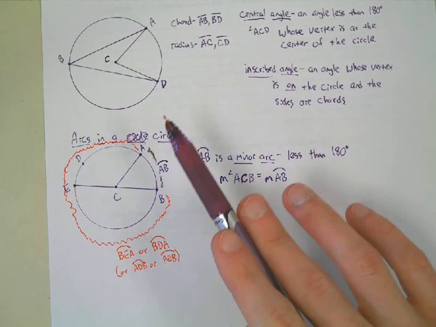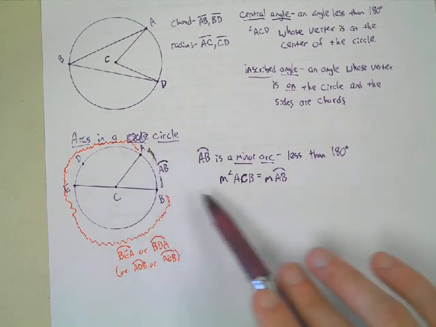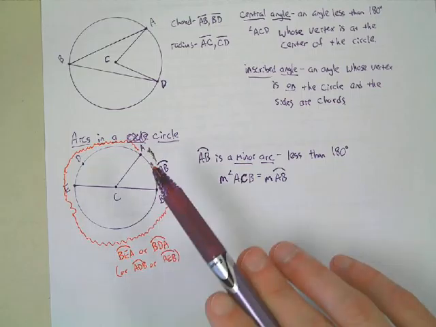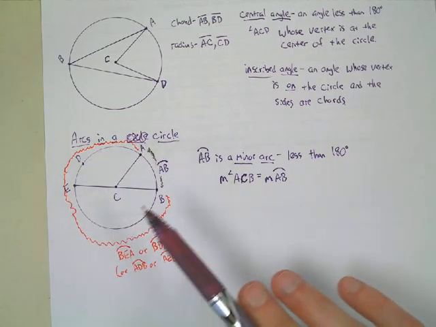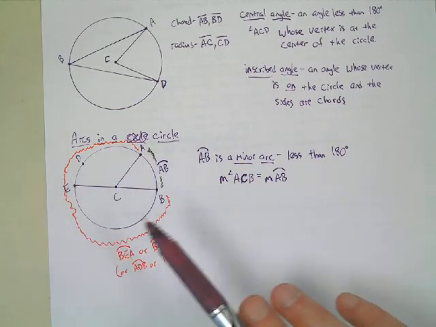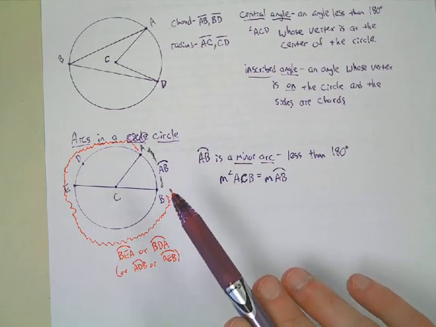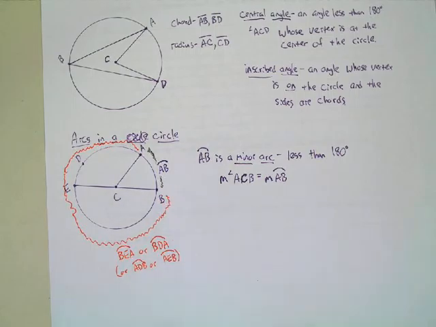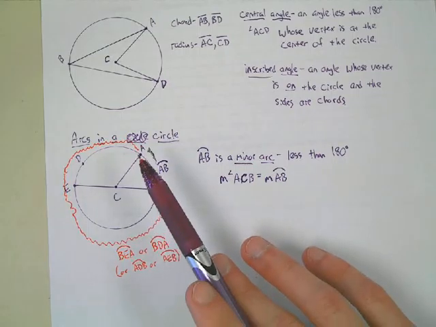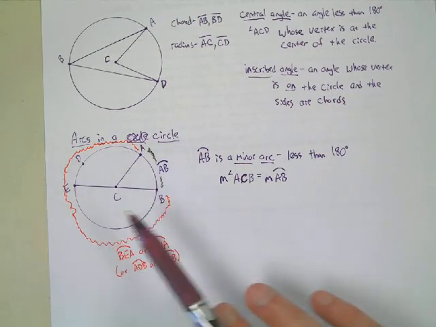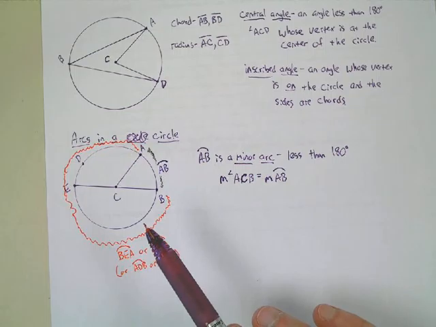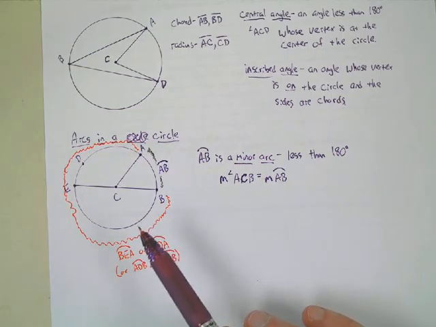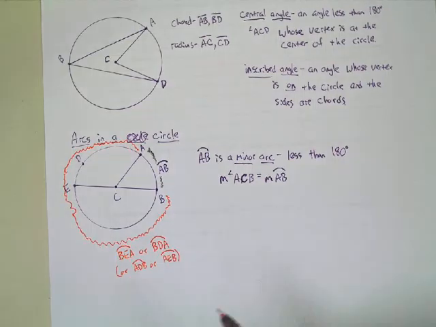We called it a minor arc. This arc right here that goes from A to D around to B, is that going to be less than 180 degrees, more than 180 degrees, equal to 180 degrees? ADB or AEB, what will that be? It's going to be more than 180, that's right, exactly right. So what do you think we're going to call this kind of arc?